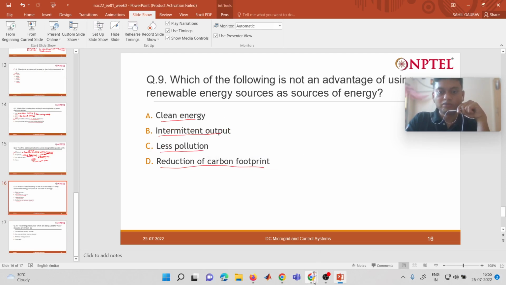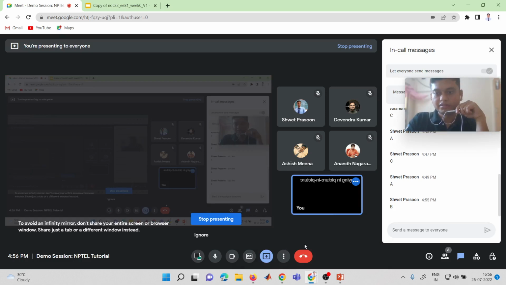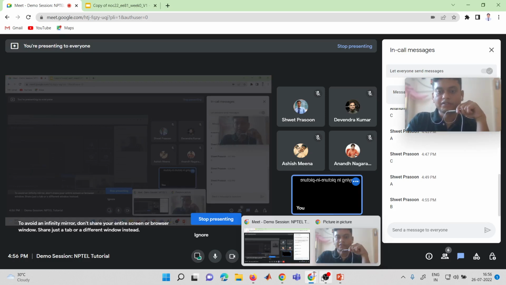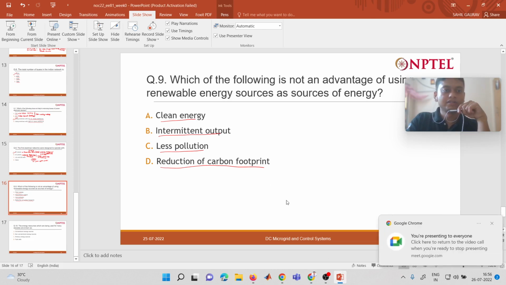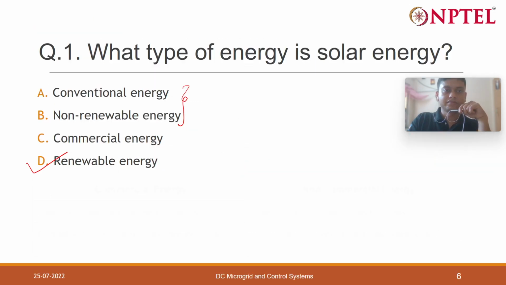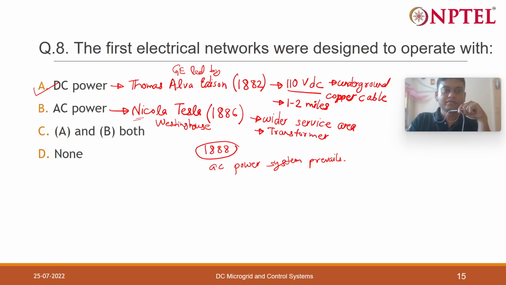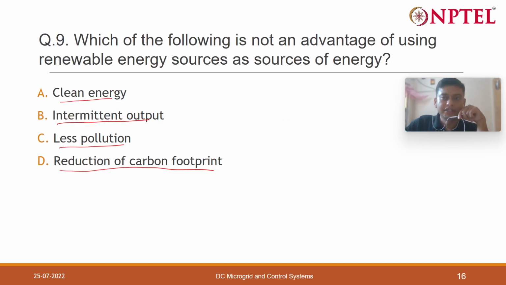So let me see how many of you gave the correct answer. Okay. The intermittent output is the disadvantage of the renewable resources. Intermittent output means variable output.